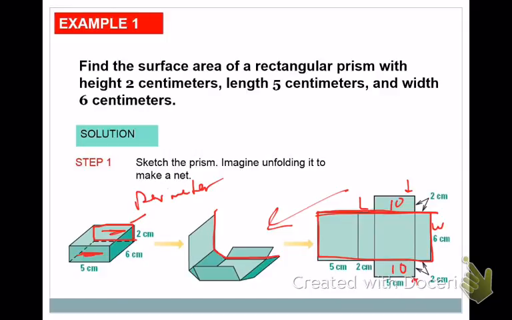So to find the area of this giant rectangle, I would basically take the perimeter of the base and multiply it by the width, which is this 6, which is going to be the height, right, of the prism. So here's what I mean with the pentagonal prism.